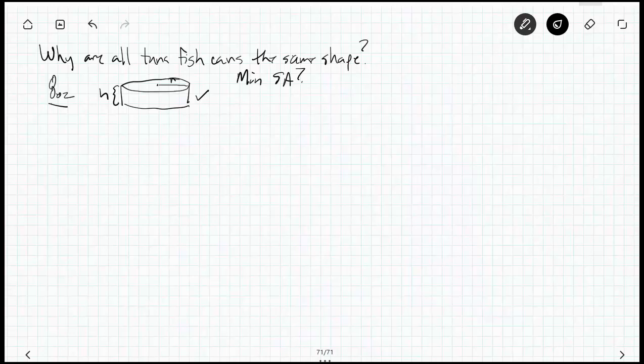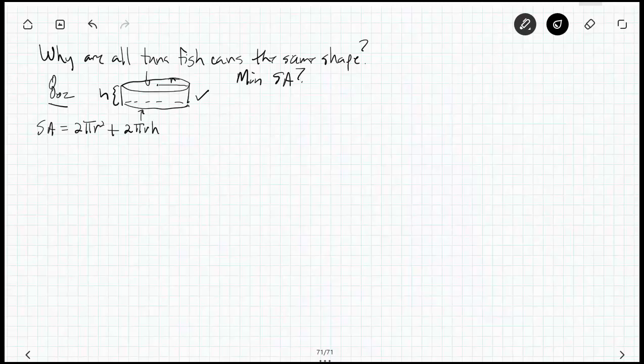So do you agree that surface area is going to equal 2 times pi r squared? That gives me the area of the top and the bottom that you can't see, right? However, I need to add in this lateral surface area, the surface area of the stuff that you're looking at when the tuna fish cans are stacked. So this is going to be plus 2 pi r h.